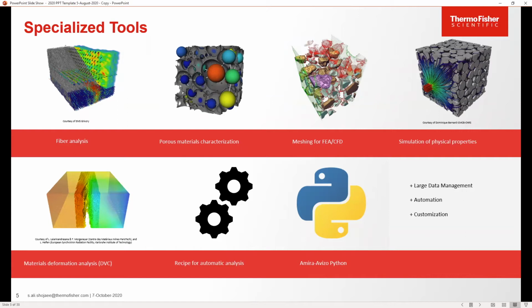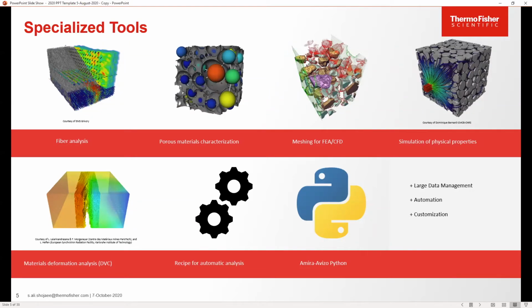You can also use the software to track plastic deformation or material deformation and perform what we call digital volume correlation. So if you have an image of before and after deformation, just with that, you can get a 3D strain map of your sample. There are also ways to automate the analysis that you do.